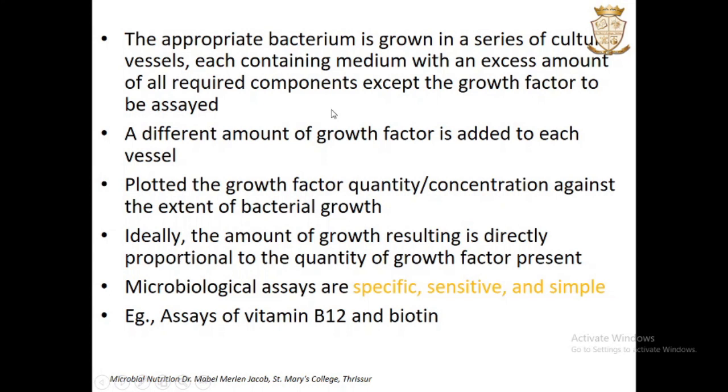Ideally, the amount of growth resulting is directly proportional to the quantity of growth factor present. How much growth factor is present, that much increase in growth is observed. We can say that there is a correlation between the both. Microbiological assays are specific, sensitive and simple. Common assays are that of vitamin B12, biotin, etc.